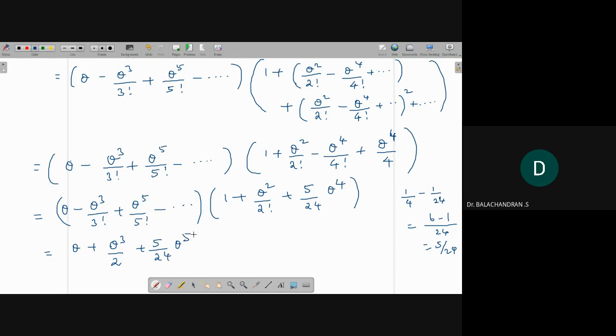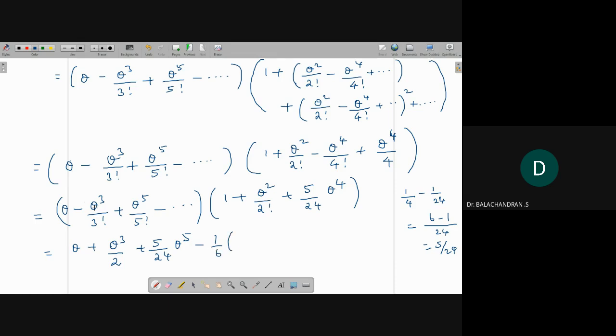Next I am going to multiply by theta cube by 3 factorial. So minus 1 by 3 factorial is 6. So I take minus 1 by 6 common.